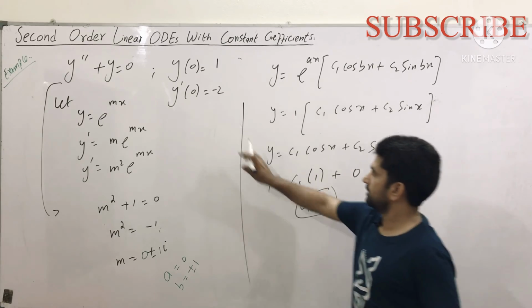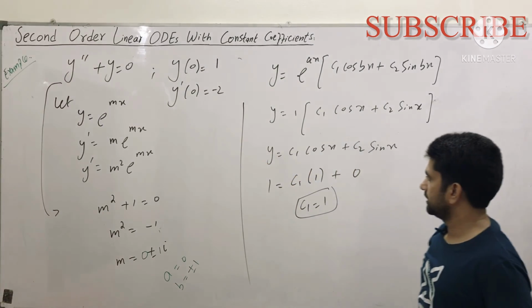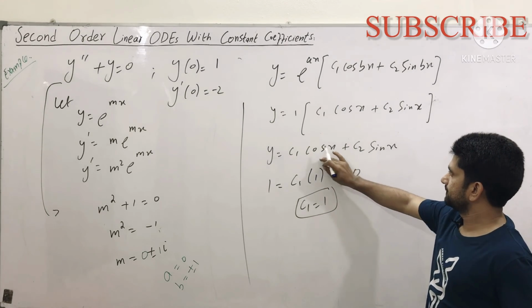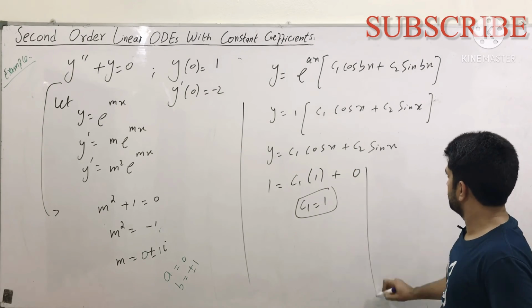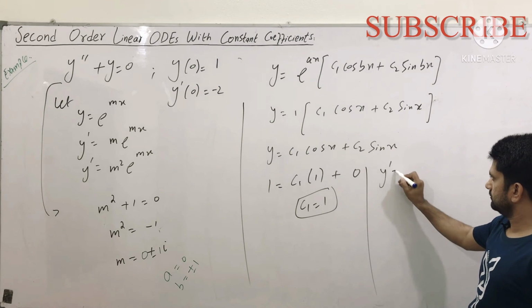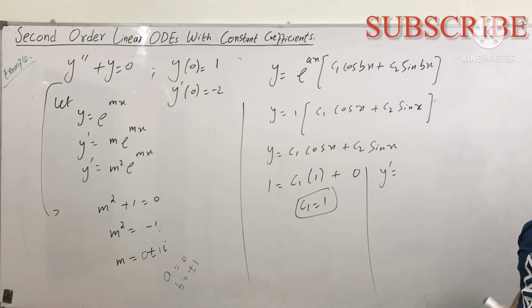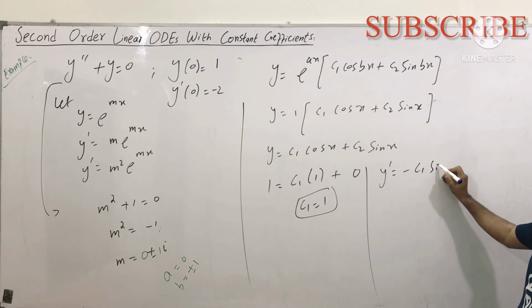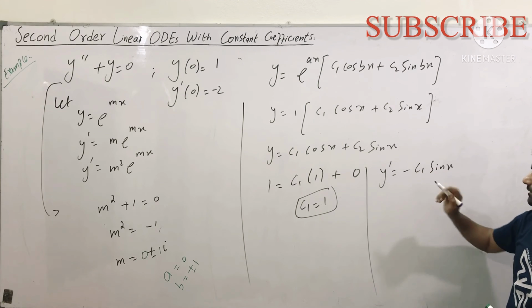For the second condition, we take the derivative of this, so y prime: the derivative of cosine is minus sine, and the derivative of sine is cosine.